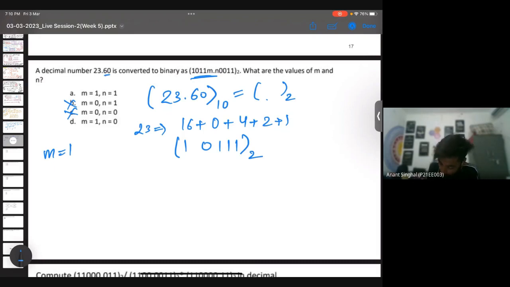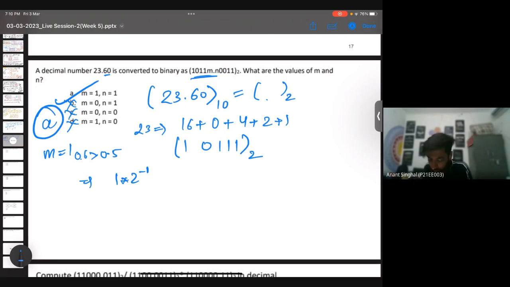So 0.60 is greater than 0.5, so again it will start from 1 into 2 to the power minus 1. So here we can see that it will start with a 1, so n will be 1. So we have eliminated these options also. So the correct answer to this question will be option A, but we'll calculate that as well.